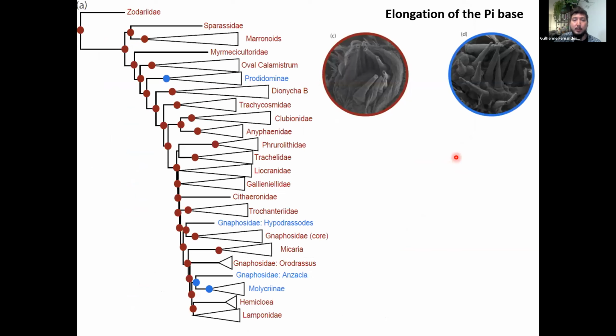And if you look at the evolution here, it evolved at least three times, and there are more Gnaphosids with this condition that are not represented in the group. But if you look here, okay, we know that this is a correct position.